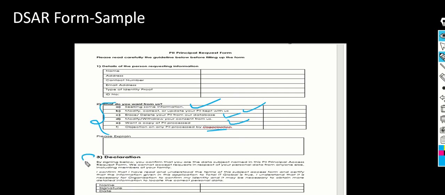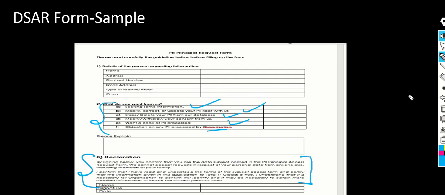And we will take a declaration that you are the person who wants to use the rights, and once the data we have in our system is deleted, we cannot give it back. So we need to obtain certain declarations from the users also. This is the sample form we can use while collecting the request through email.